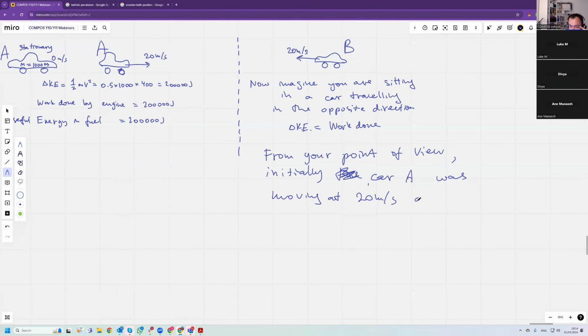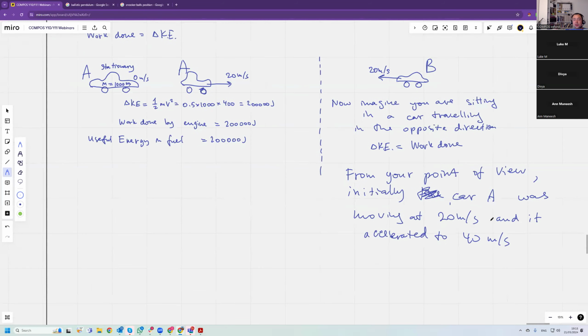Was moving and it accelerated to 40 meters a second. So effectively, from your point of view, the car doesn't go from 0 to 20, the car goes from 20 to 40. Does everyone understand this? Do I need to explain this better? From your point of view, the car goes from 20 to 40, not from 0 to 20.